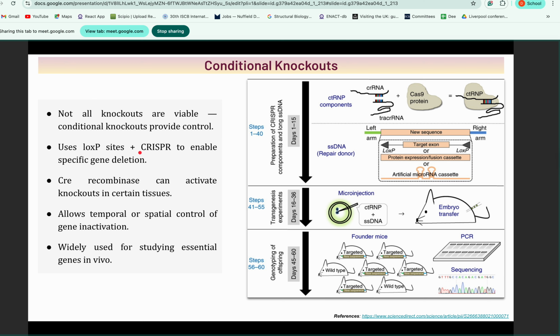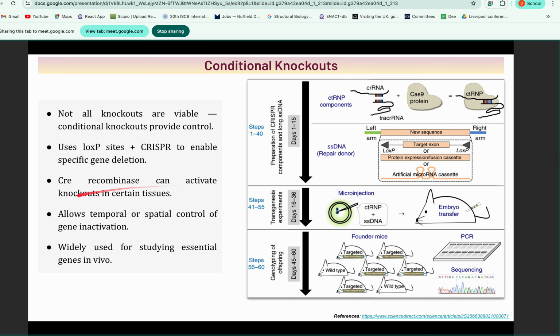So it uses the LOXP sites and CRISPR to enable specific gene deletions. We have already talked about the LOXP sites, how the Cre recombinase identifies the LOXP sites and how it leads to insertion, deletion, or inversion of the genetic elements. So a similar thing we'll talk about here. So LOXP sites and CRISPR together bring about the conditional knockouts.